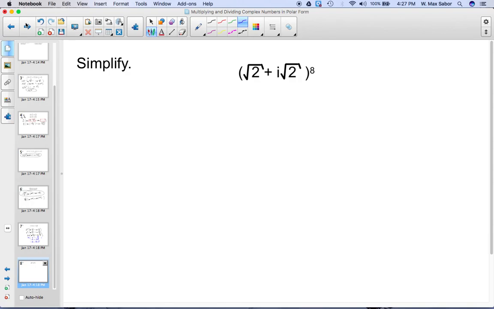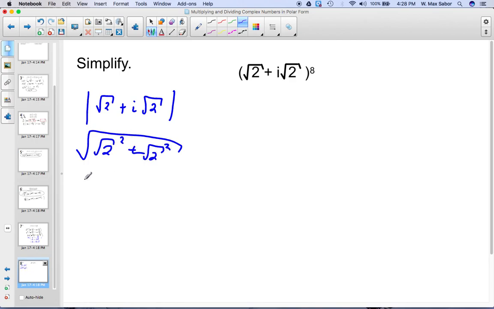You could do it with the binomial times itself 8 times, but it's going to be easier if we find the magnitude. So let's find the magnitude. The magnitude is the square root of square root of 2 squared plus square root of 2 squared, 2 plus 2. So the magnitude is 2.